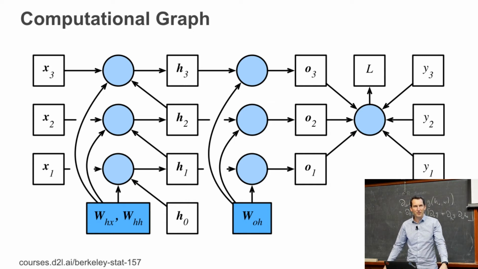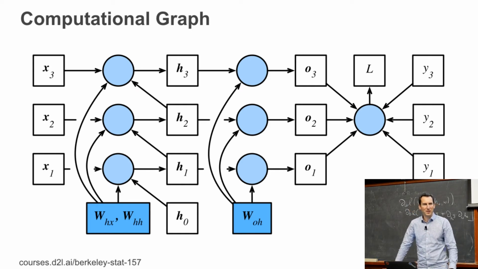Right. So that's the dependency graph. That's what's actually happening on a computer, in the MXNet or PyTorch or TensorFlow runtime when you implement this. Well, they're going to do something a little bit fancier to tie parameters together, but short of that, that's pretty much what's going on.